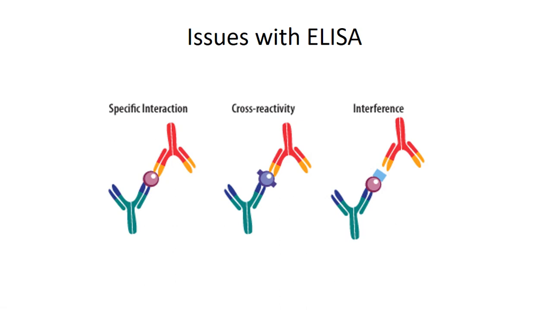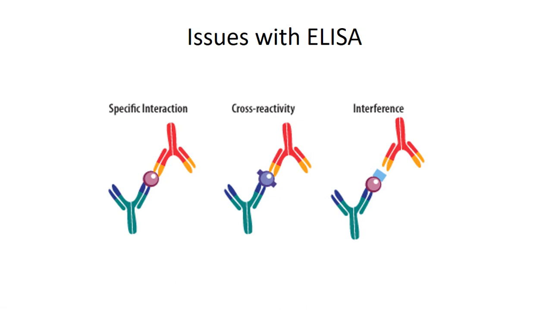And what's going to happen there is you're going to get a false positive, because when you read the results you're going to think that you are measuring this antigen when in reality you're measuring this non-specific antigen. So that's cross-reactivity.